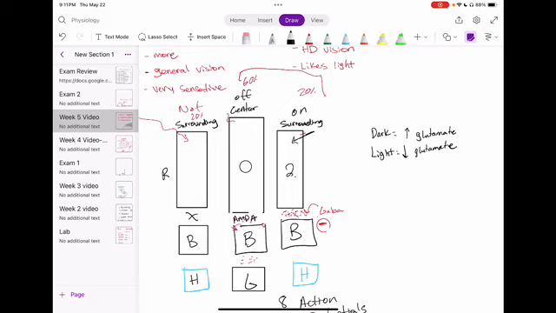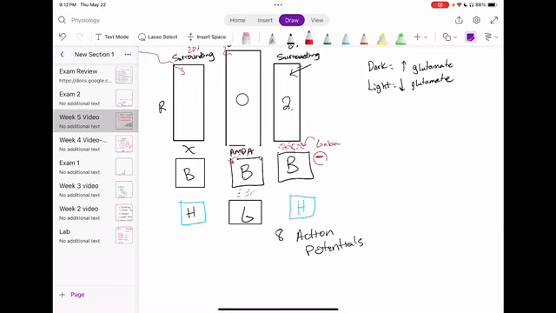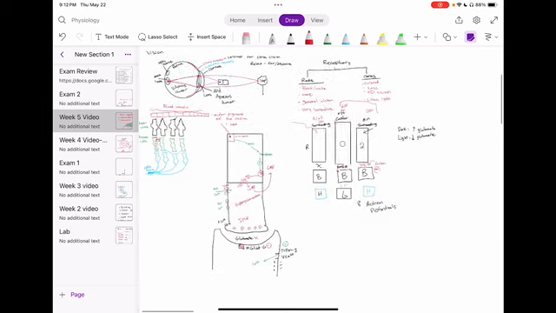Light will hit here and it will produce that glutamate, and the glutamate is then inhibited by GABA, stopped right there, and we're able to have an action potential. So that is all we have to talk about for this.